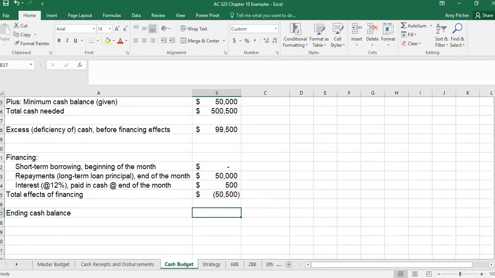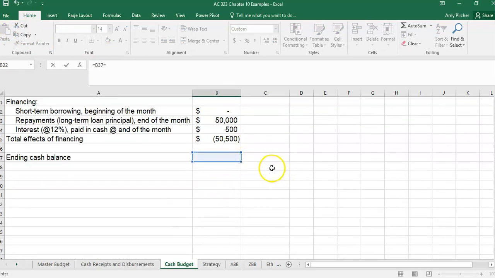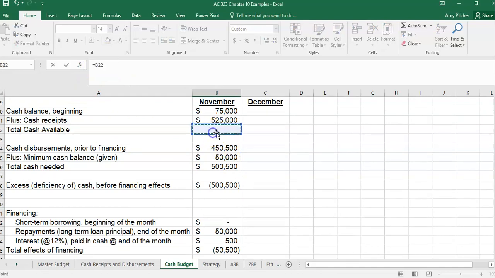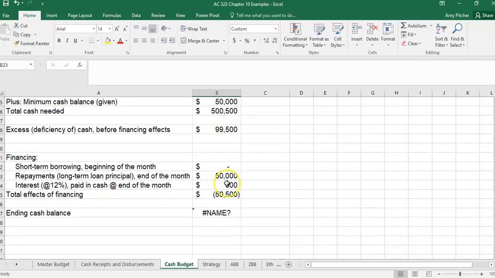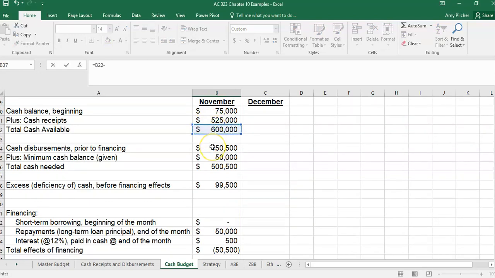So our ending cash balance is our cash available minus our cash disbursements plus our financing effects.